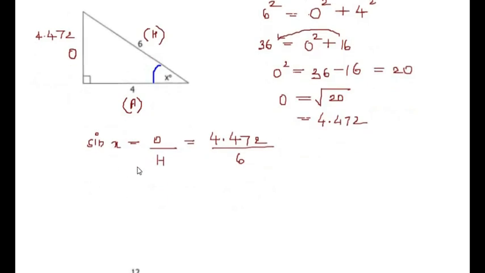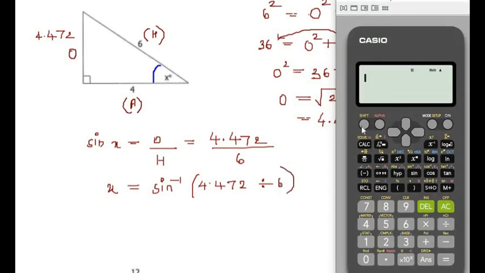Now we are going to take the inverse again. So x is equal to, sine should be taken to the other side, so sine turns into sine inverse. So sine inverse of 4.472 divided by 6. So let us check what answer we get.